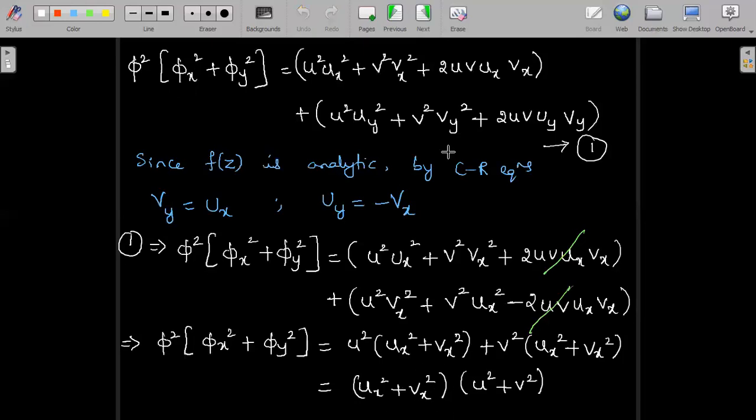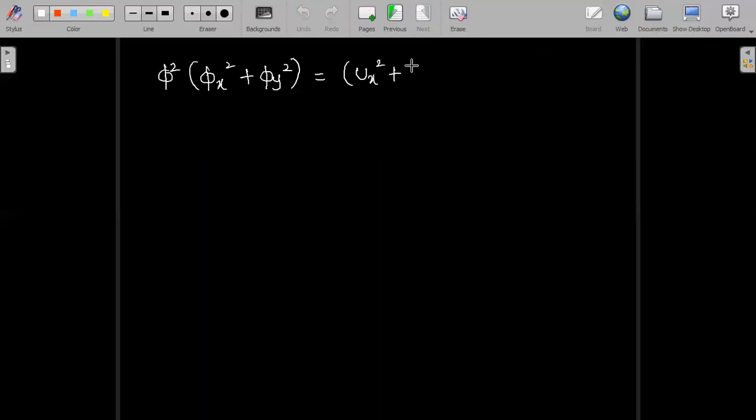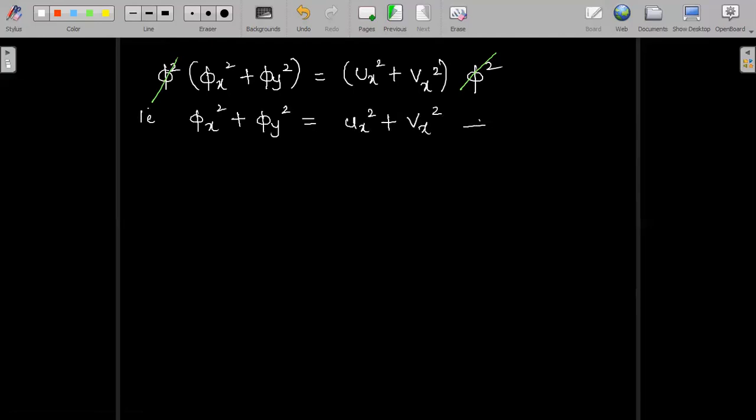Yeah, ux square plus vx square, multiplied by phi square. So both the sides I have phi square common. It's in the product now, so I can cancel it. So I can retain the expression that phix square plus phiy square is equal to ux square plus vx square. I'll call this the next numbering, say equation 2.